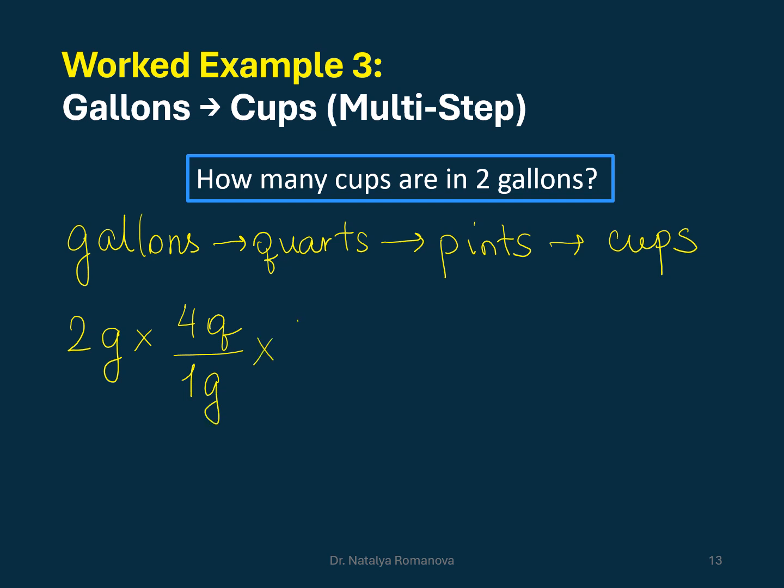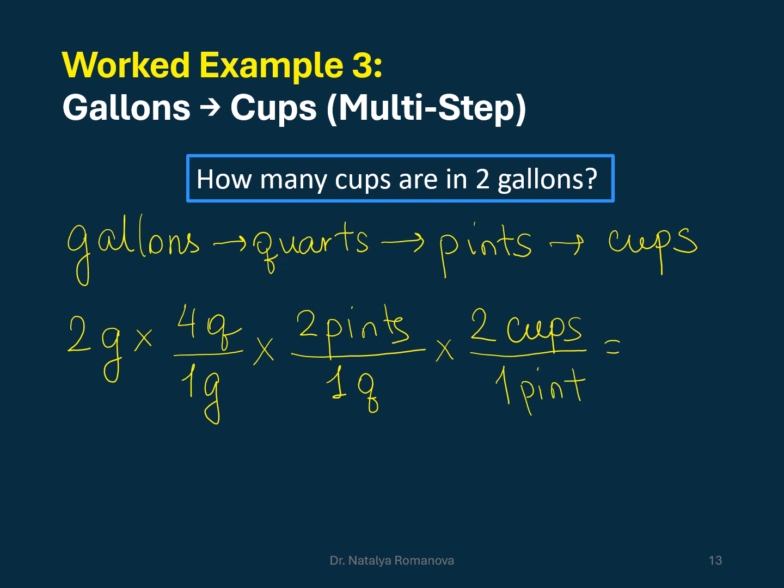Multiply by 2 pints over 1 quart. Multiply by 2 cups over 1 pint.